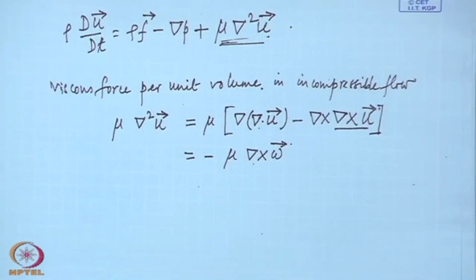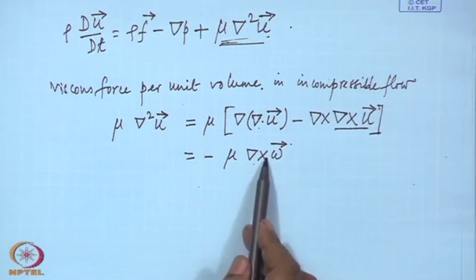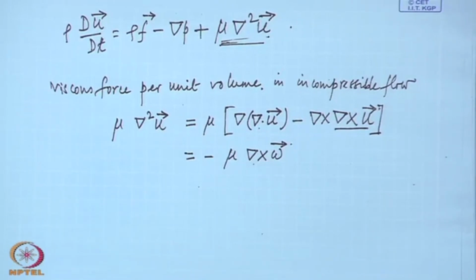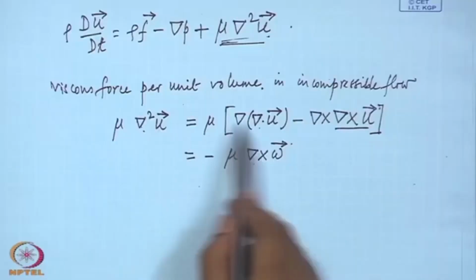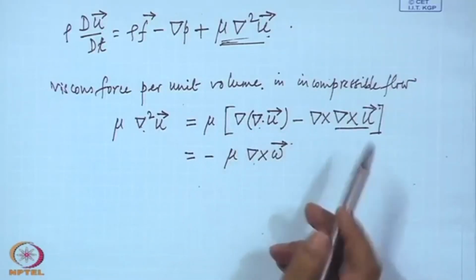This is just a mathematical coincidence that the viscous force has become curl of the vorticity, that the components of viscous forces are obtained from the components of the curl of vorticity vector, and has come because of this vector identity by which Laplacian is expressed as gradient divergence minus curl of curl.